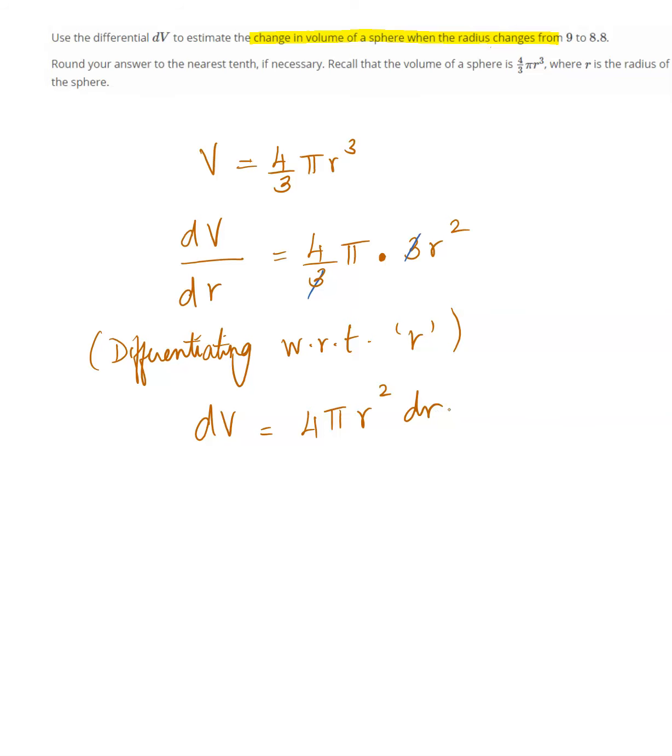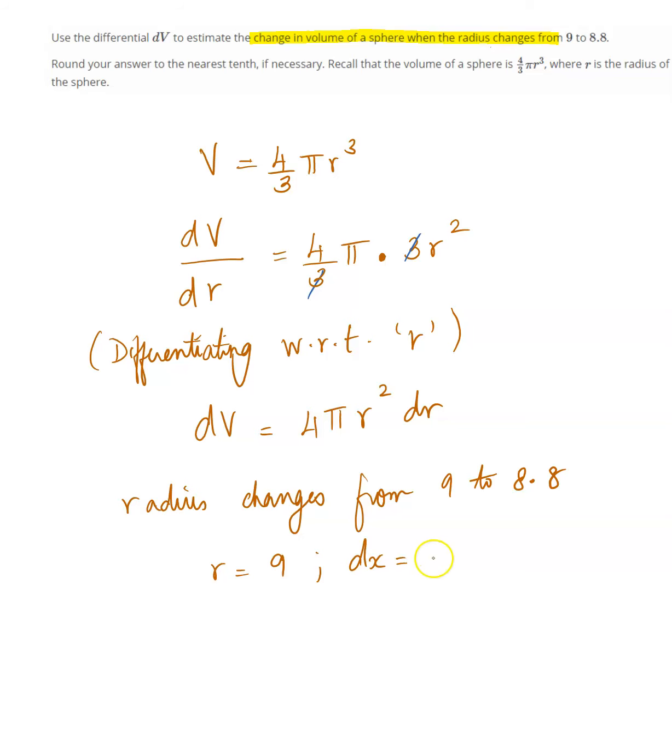So in our question, they're saying the radius changed from 9 to 8.8. It went through a small change. So what this really means is that your r is 9 and the change was the dx. So from 9 it went down to 8.8.